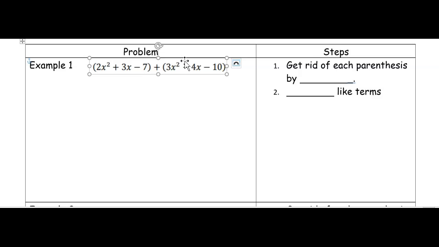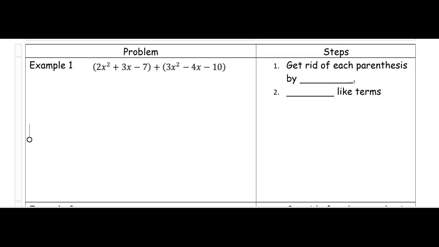So how are we going to add them up? First, you're going to get rid of the parentheses. So the first step is to get rid of the parentheses. How are we going to do it? We just need to distribute. You need to multiply the number in front of the parentheses to everybody inside.